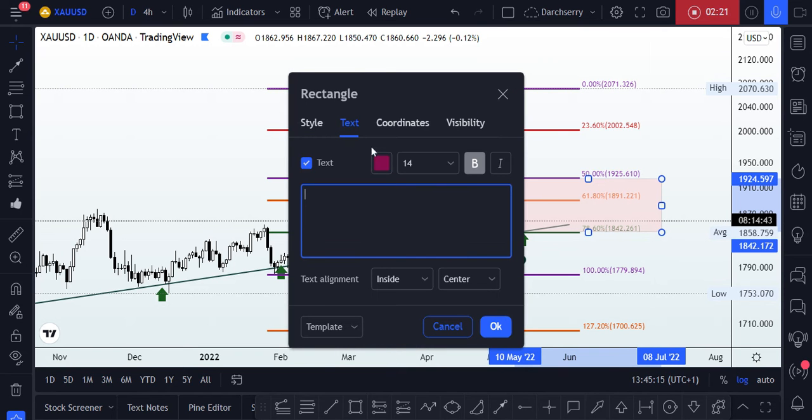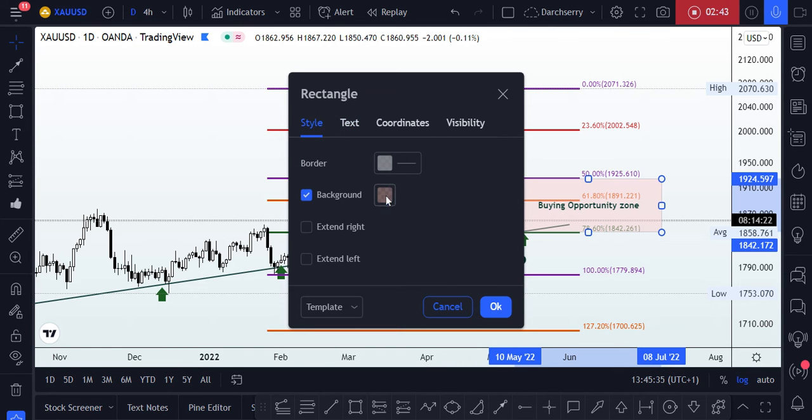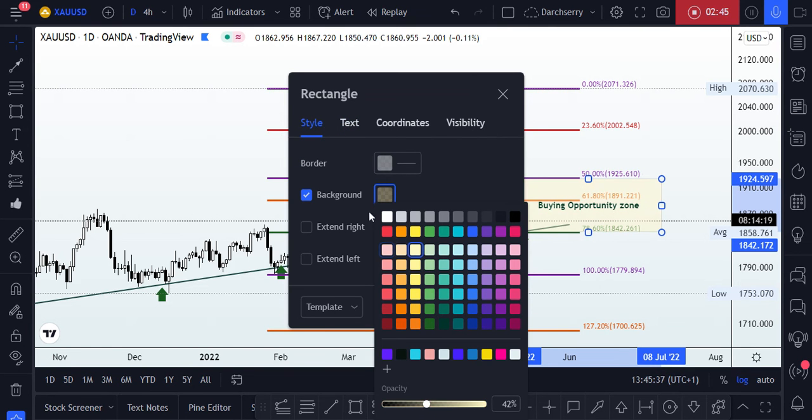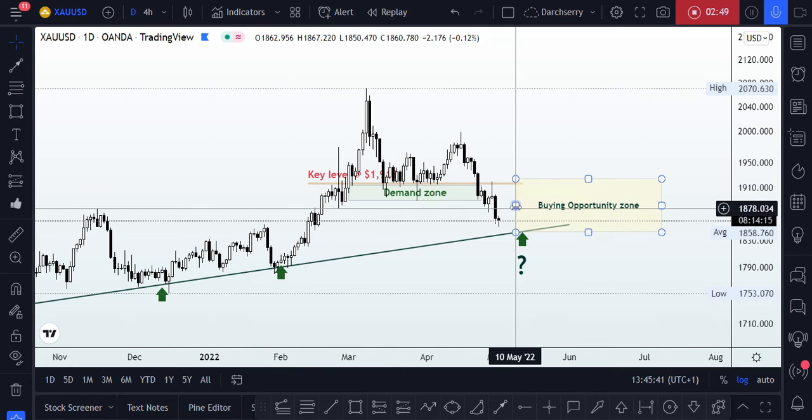Let me put this here. This is the buy opportunity zone, around this area.